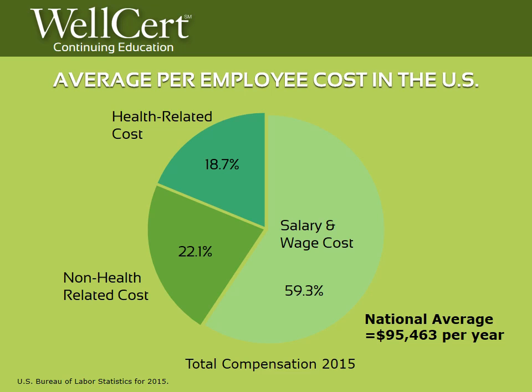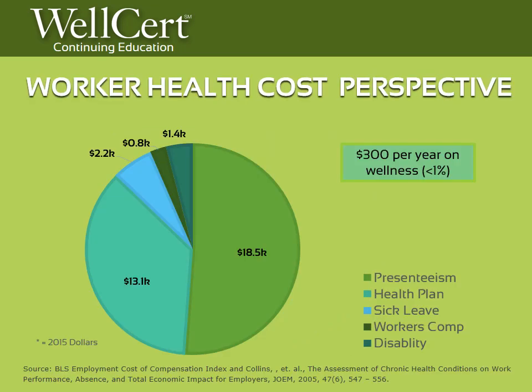in 2015. Now, worker health cost perspective comes from the combination of several sources of information, the Bureau of Labor Statistics Employment Cost of Compensation Index, and then again the Collins article on Dow Chemical's presenteeism assessment, and some additional work that was done, the assessment of chronic health conditions on work performance, absence, and total economic impact for employers.